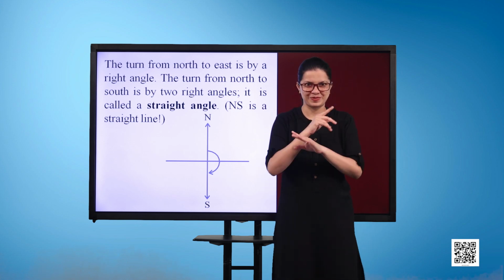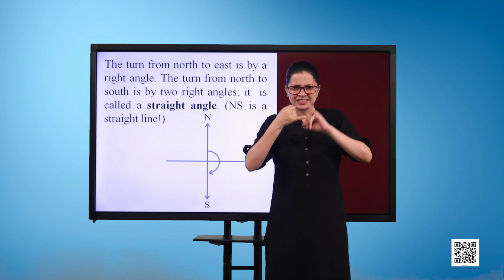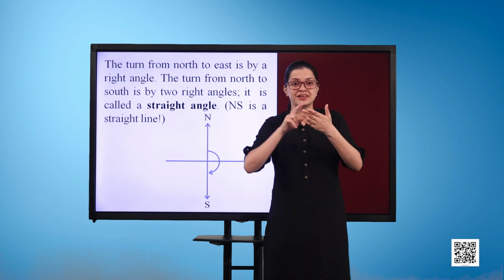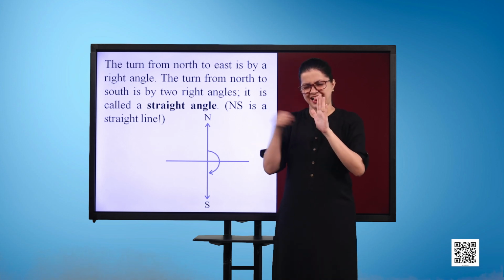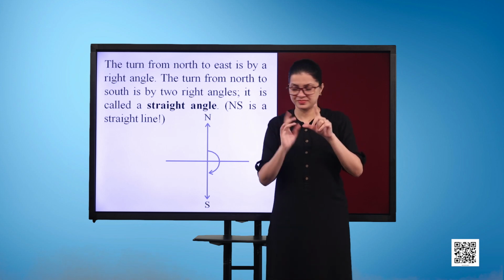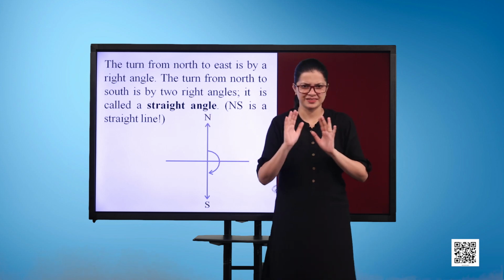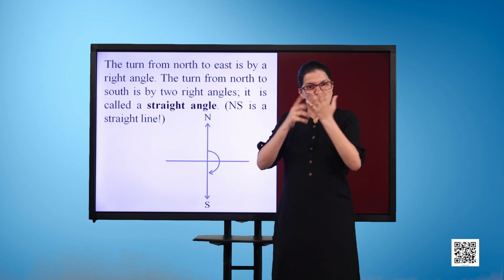The turn from north to east is by a right angle. The turn from north to south is by 2 right angles. It is called a straight angle.